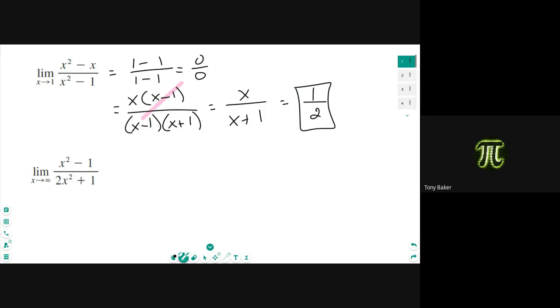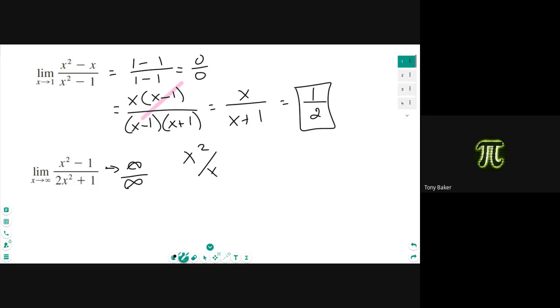The next one was going to infinity. Now, infinity had a little bit of a different rule to it. It wasn't, if you could factor, great, go ahead. But when we're looking at the infinities, we were dividing by something. So again, first thing, if I look at the top and the bottom, these are both going to infinity over infinity, which doesn't work. So I need to do something else. We're going to take each of these and divide by the biggest exponent on the denominator.